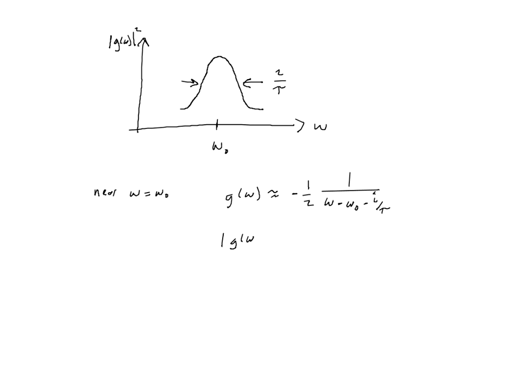And the magnitude of that is 1/2 times 1 over the square root of omega minus omega naught squared plus 1 over tau squared. And so you basically can see from here that this denominator is going to get larger or smaller, but you're always going to be limited by the dampening term.